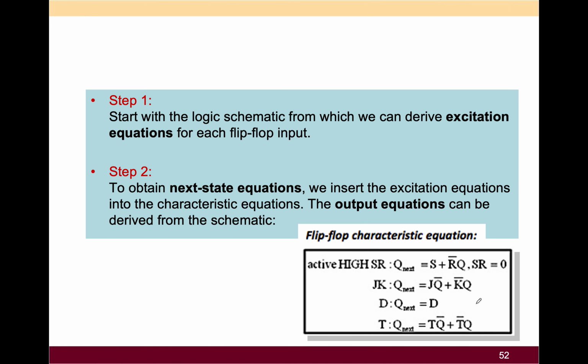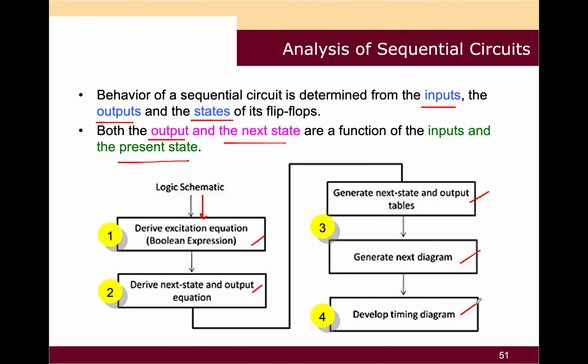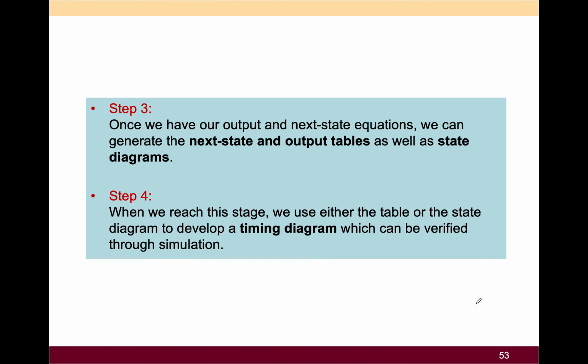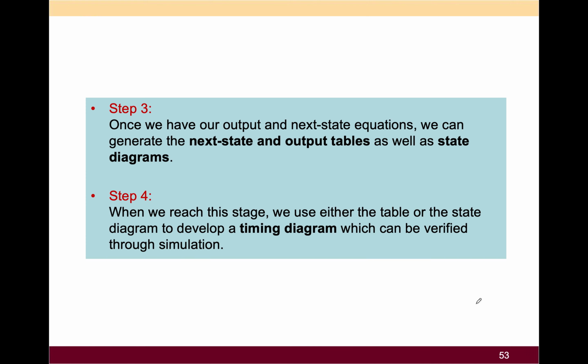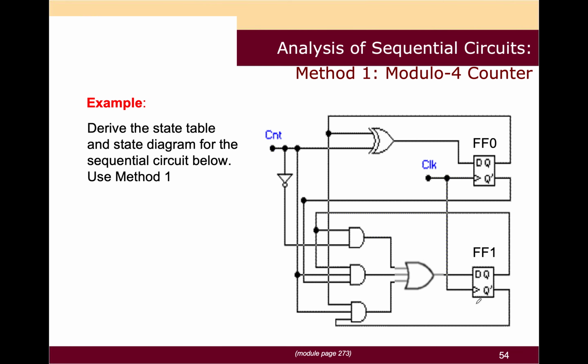So follow all the steps, and you need to know the detail of every step, all together 4 steps. If we're given an example, you need to follow all the steps also.